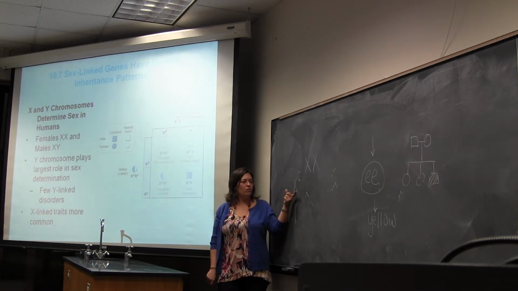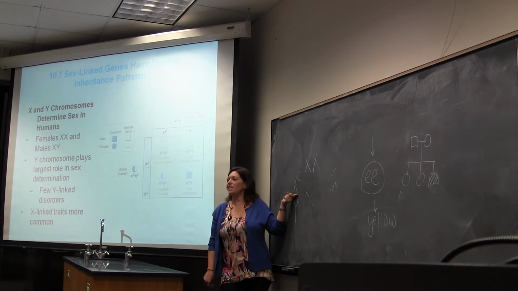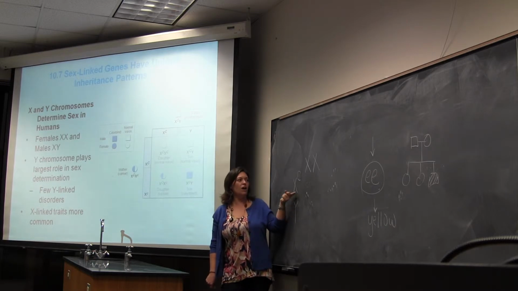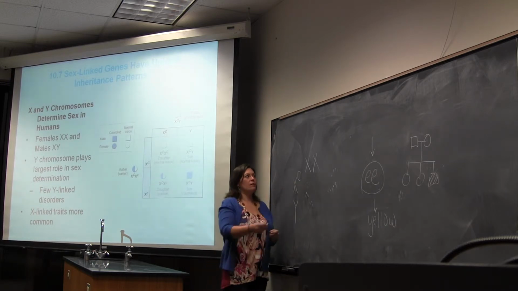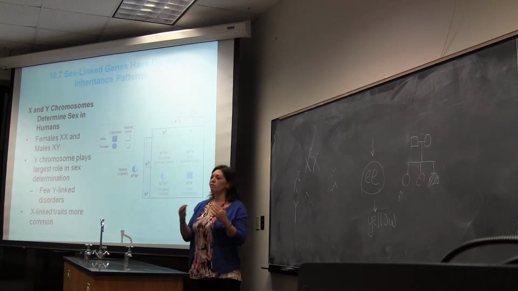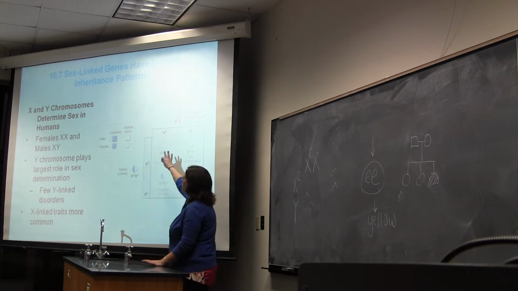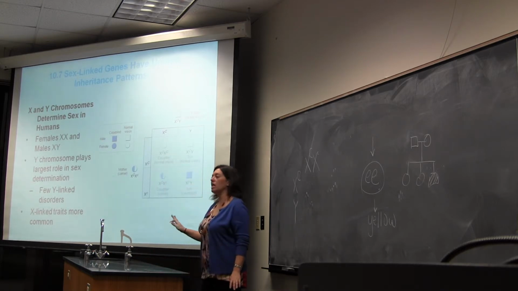Whatever X he received from either his mom or his dad is going to determine whether or not he's colorblind. In this case, the father has normal vision, and the mother is a carrier, a heterozygote for the colorblind trait. You do the Punnett square just like you would anything else.